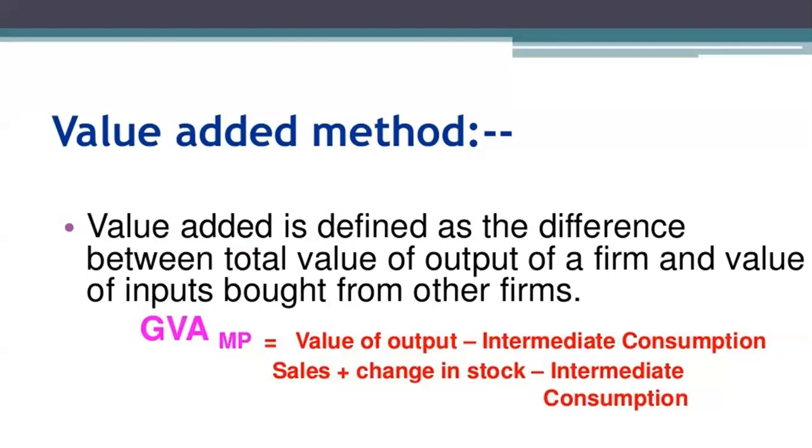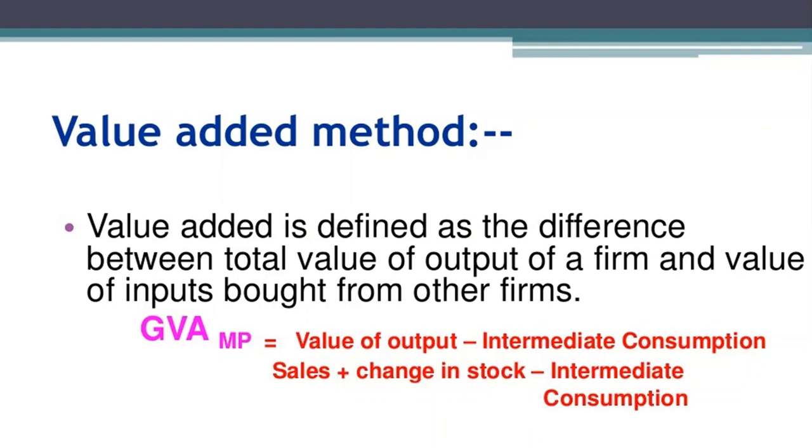It is a contribution of an enterprise to the current flow of goods and services. It is calculated as the difference between the value of output and the value of intermediate consumption. Here the formula is given to you: value of output minus intermediate consumption. So this will help here.